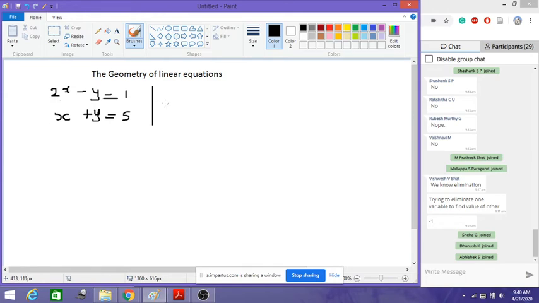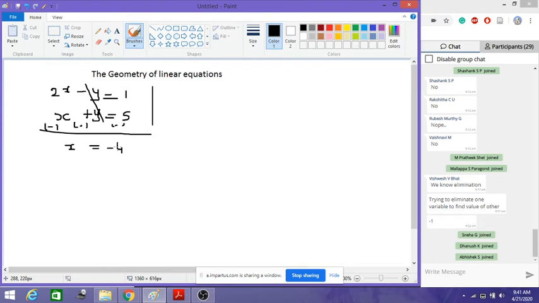We'll multiply equation 2 with 2, or we can also just subtract this as it is without any multiplying factor. Then we are going to eliminate y, and we have x equal to minus 4.